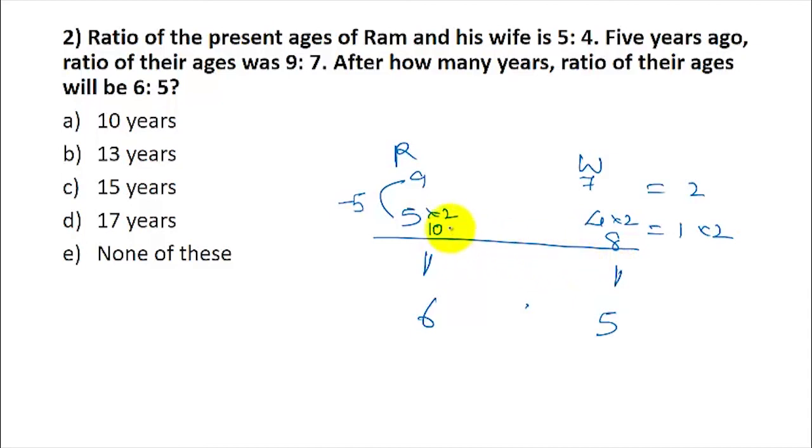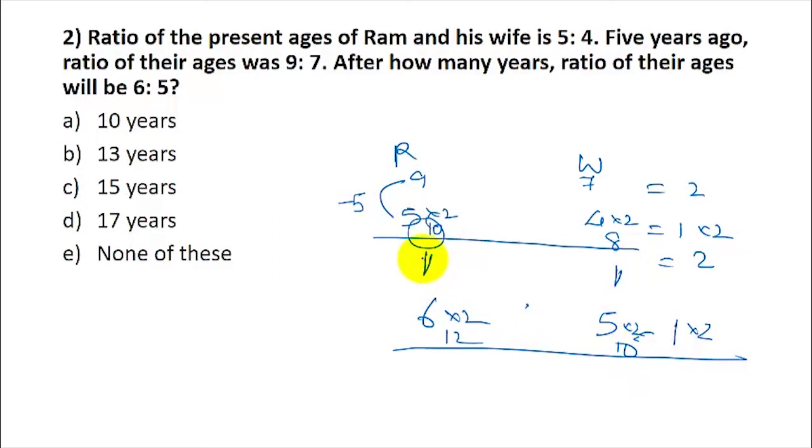6:5. Now if you find, 6 minus 5 is 1, into 2 and into 2, how much is it? 12, and this is 10. Now if you find the difference, how much is it? 2, and this 2 is how much? 1. If you see, this 1 is equivalent to 5.